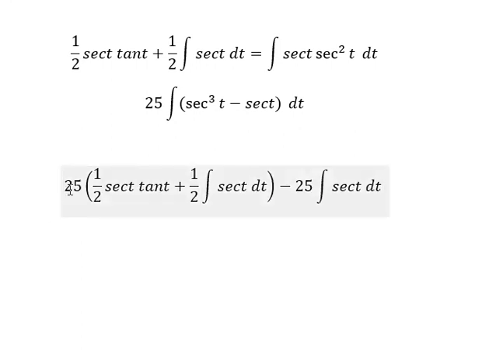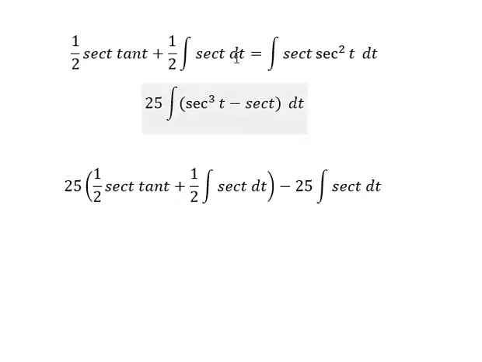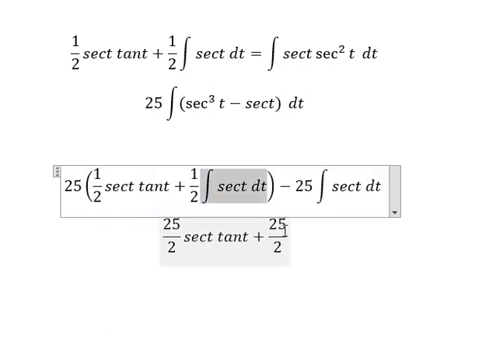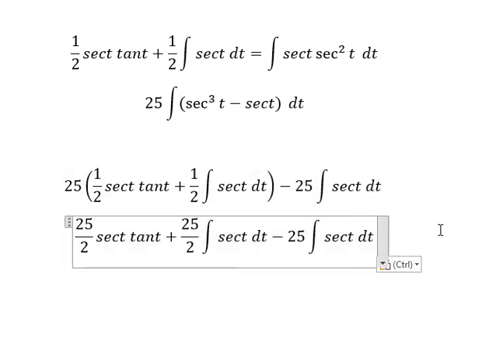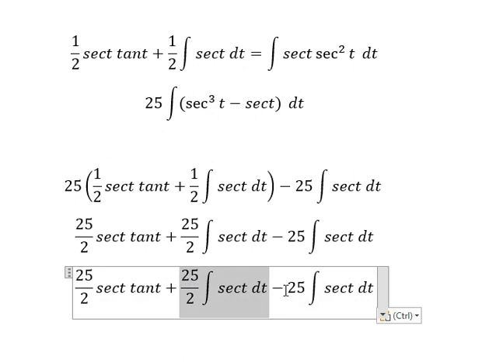And now 25 multiplied by number 1 and number 1 in here. So this one minus this one, we have negative number 25 over 2.